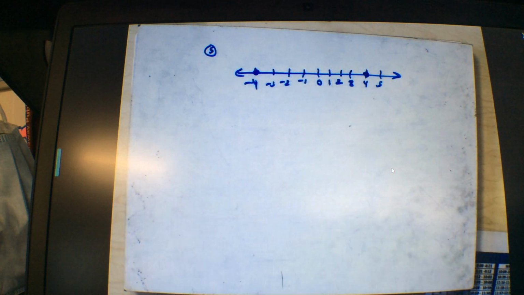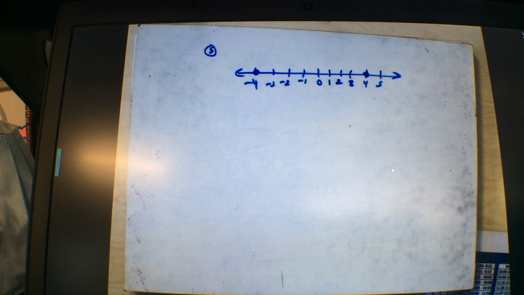Okay? How would you write an absolute value equation that would be graphed like this if you solved it? You know, we've been solving all along. We're going to go backwards now. I'm going to give you the graph and I'm going to say, okay, what equation did you begin with?